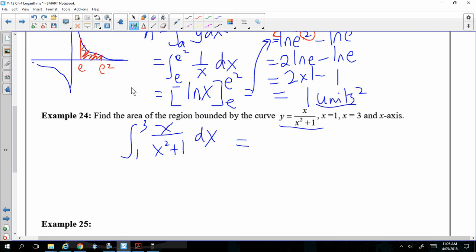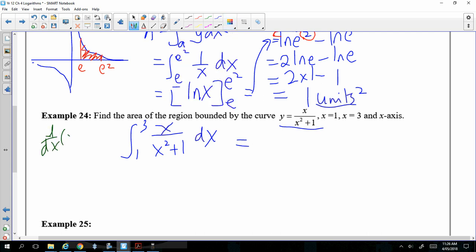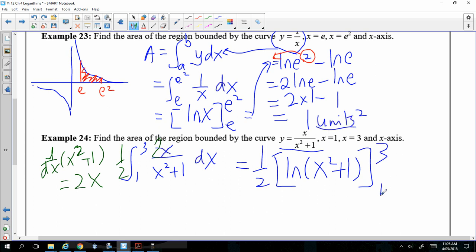Okay, so what you do is this. We're going to differentiate the bottom. If I differentiate the bottom, I get 2x, and we need a 2 on the top. So you put a 2 there and a half in front. You end up getting half of ln of the denominator, in square brackets from 1 to 3.